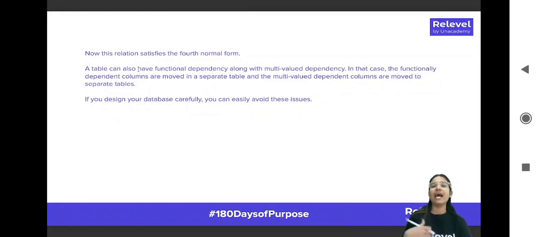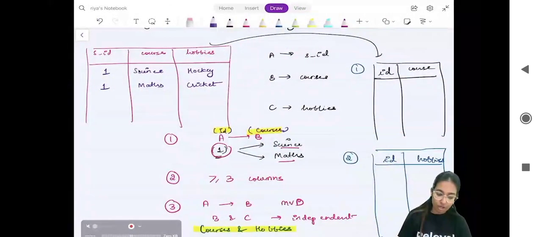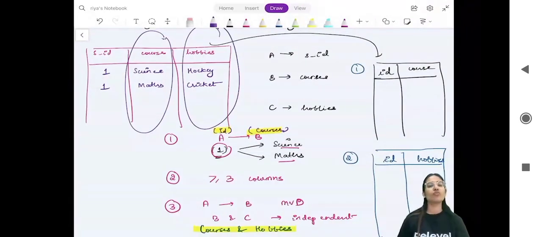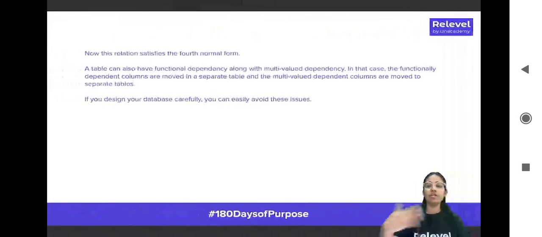A table can have functional dependency also, and a table can have multi-valued dependency also. In those cases, what do you really do? You take the functionally dependent columns and move them to a separate table, and the multi-valued dependent columns also are moved to a separate table. So this column also moved to a separate table, and this column also moved to a separate table in order to actually remove the multi-valued dependency.